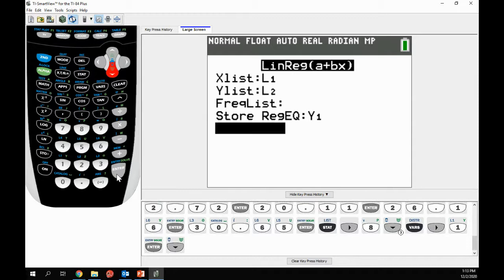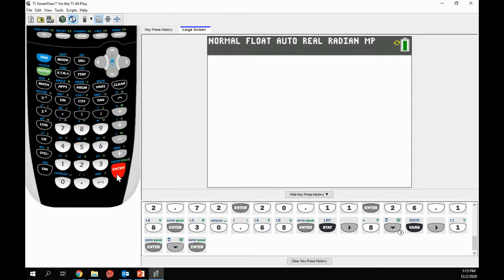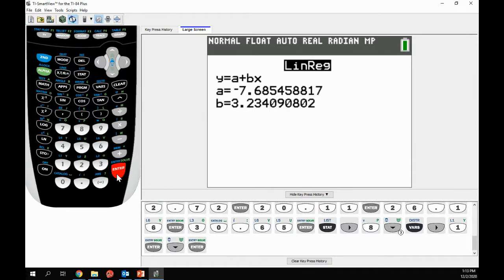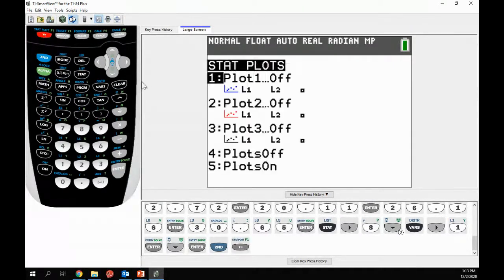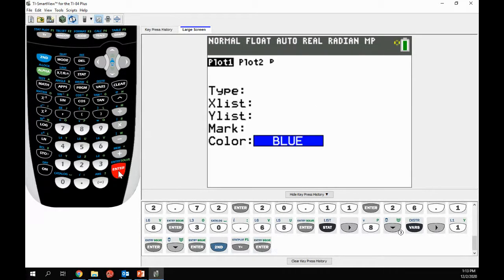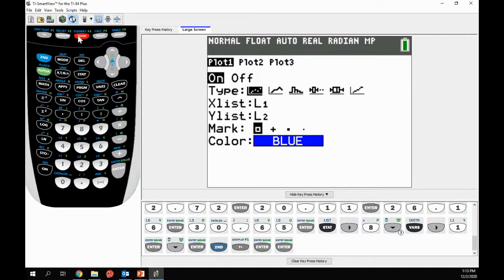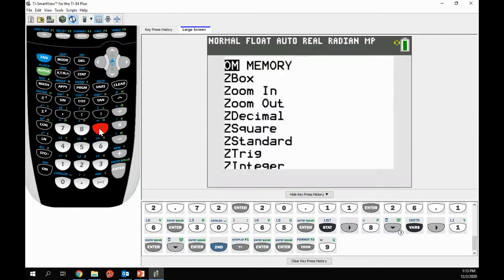And then when we calculate it, it will automatically store it into y1 for us. Now I want to plot it. But I need to make sure stat plot is turned on, and it's not. Let me turn it on. Now I should be able to plot.